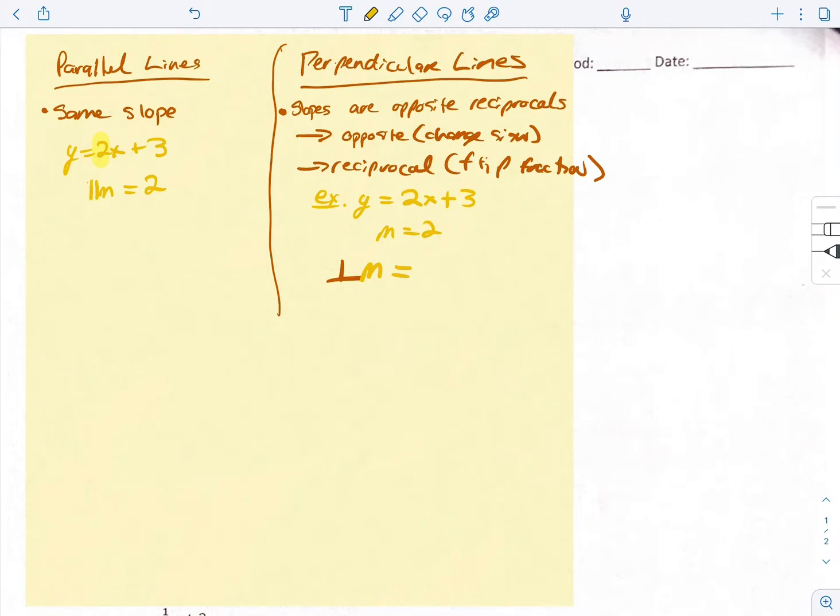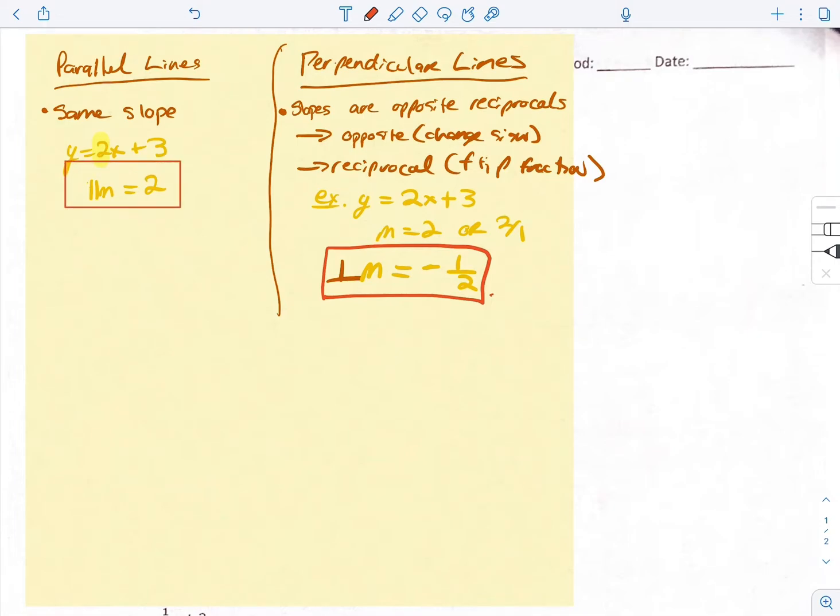So instead of it being a positive 2, we put negative. And 2 can be written also as 2 over 1. So when we flip the fraction, what's in the denominator goes in the numerator, and what's in the numerator goes in the denominator. So it's going to be 1 over 2. So here is our perpendicular slope.